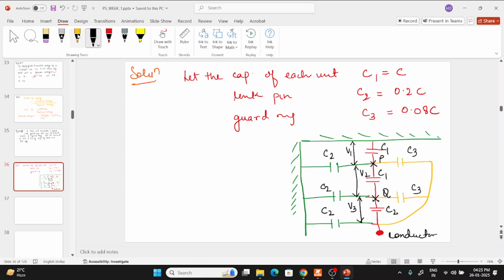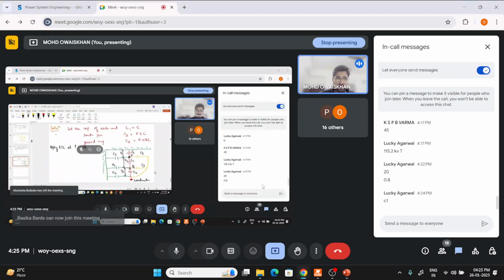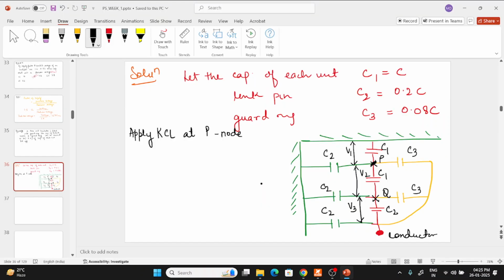So first of all, what we will do here, we will apply Kirchhoff's current law at P node. Okay, we will apply it at this point. Did you understand? So what we will do here at P node.